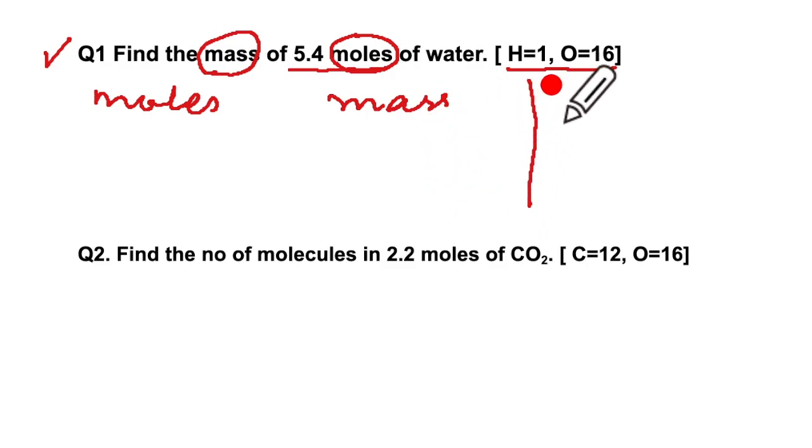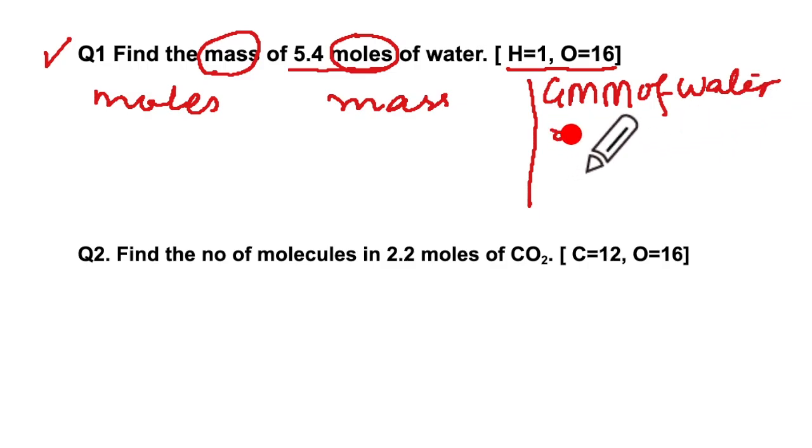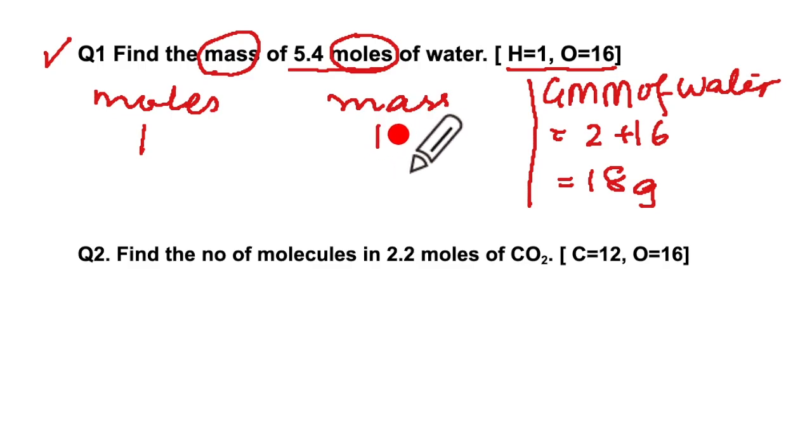And if it is a mass, then I need the GMM of water, and that will be, water is H2O, so 2 plus 16, which is equal to 18 gram. And I'm going to write, if it is 1 mole, then mass is 18 gram. So 5.4 moles will have how much mass?